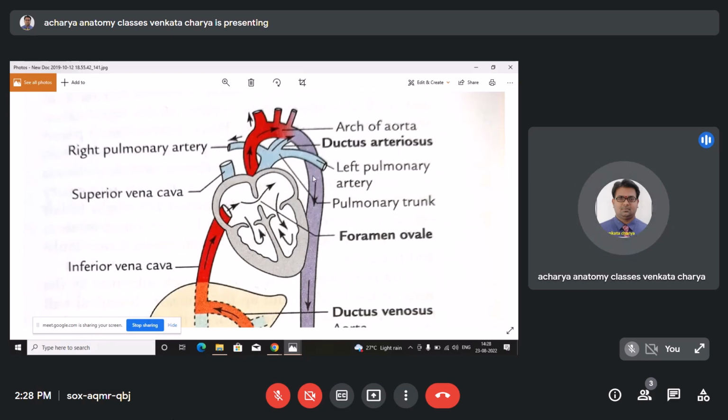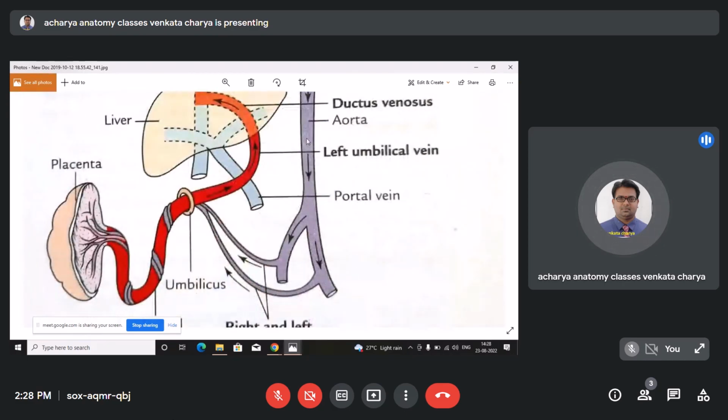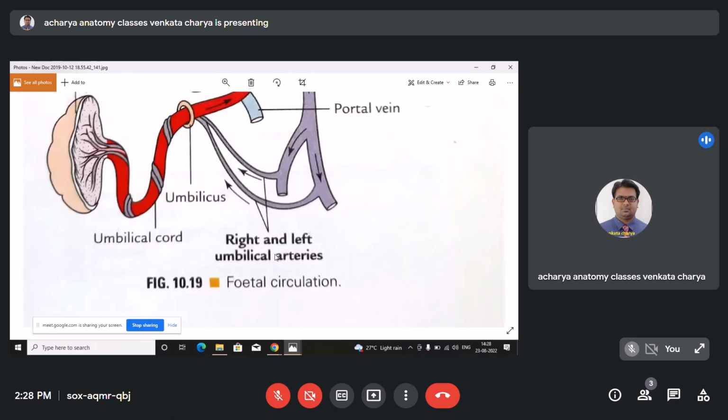Through the arch of aorta, blood runs downwards: the descending thoracic aorta, then the abdominal aorta, which supplies the abdominal viscera. Then the aorta bifurcates into two common iliacs, which give the right and left umbilical arteries.